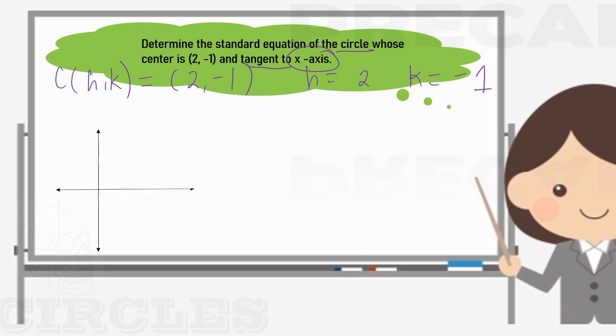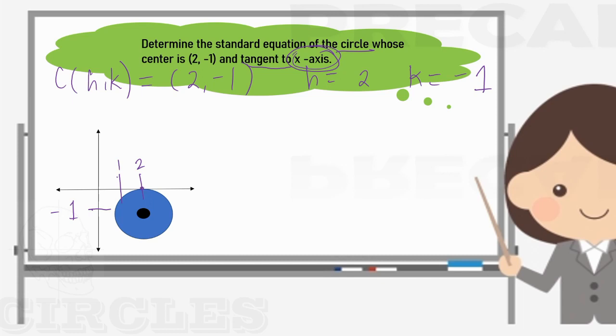So, to figure it out, yung center daw natin ay matagpuan sa 2 units sa x-axis, 1 and 2, then 1 unit pababa kasi negative sa y-axis, so negative 1. Tangent to x-axis, so nagtatouch siya sa x-axis.